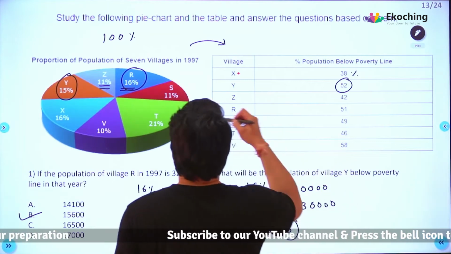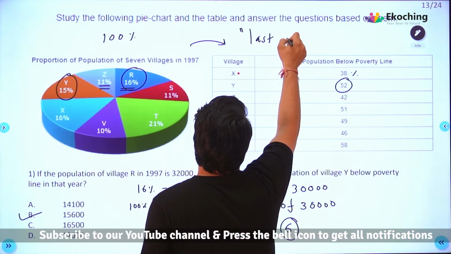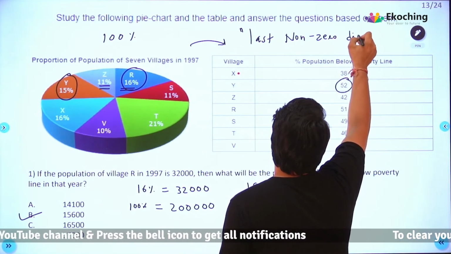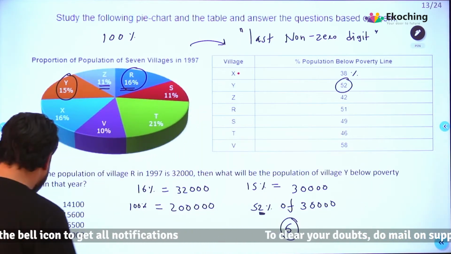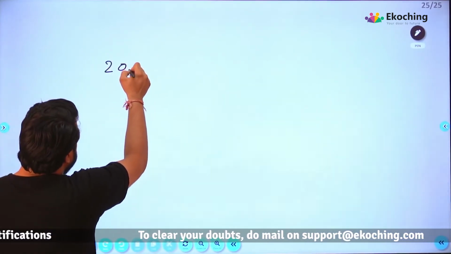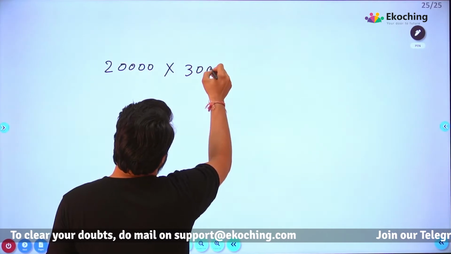Right? So यहाँ पर I did not use unit digit, but I used last non-zero digit. How does this work? Let me show you. Let's say you are supposed to multiply 20,000 into 300.